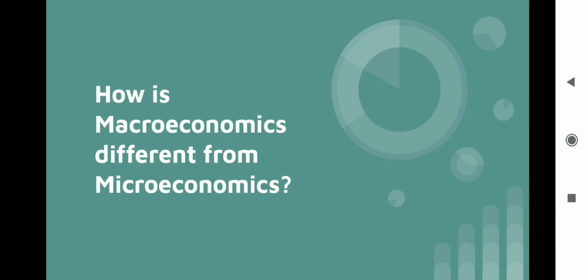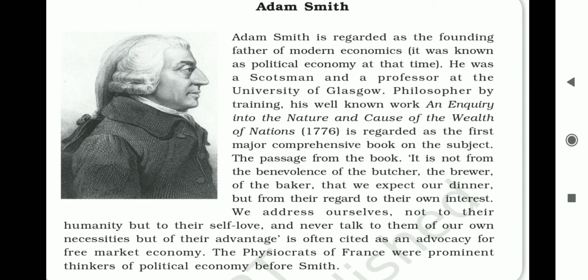Now let us know how macroeconomics is different from microeconomics. But before knowing how both these branches of economics are different from each other, it is important for us to know two personalities who are very important in the study of economics. Adam Smith, regarded as the founding father of modern economics, was a Scotsman and a professor at the University of Glasgow.